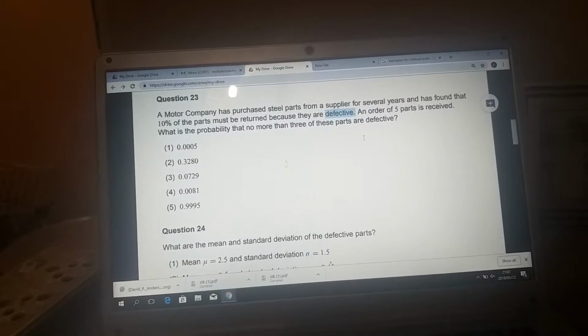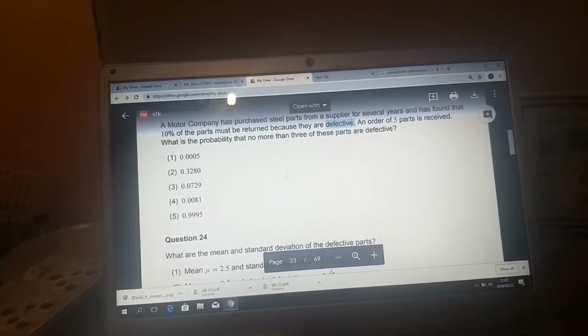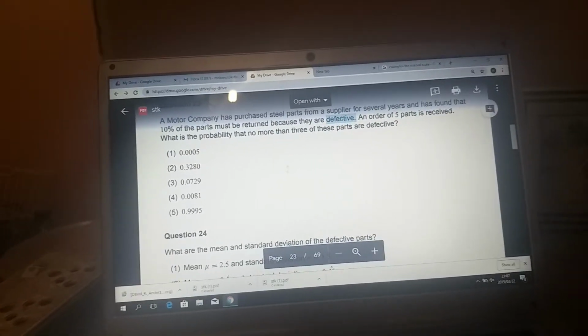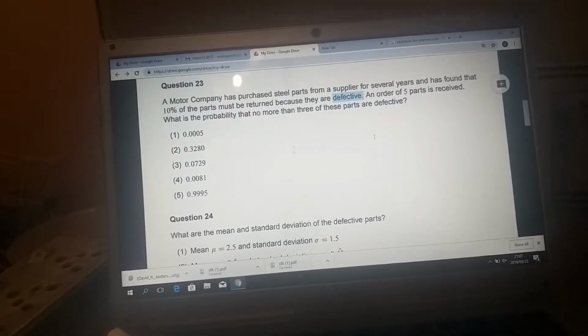So with binomial distribution, we have two probabilities: a probability of success or a probability of no success. Here, the probability of success is defective, so we have a probability of 0.1, and we have n equals 5, which is the number of parts that are received.